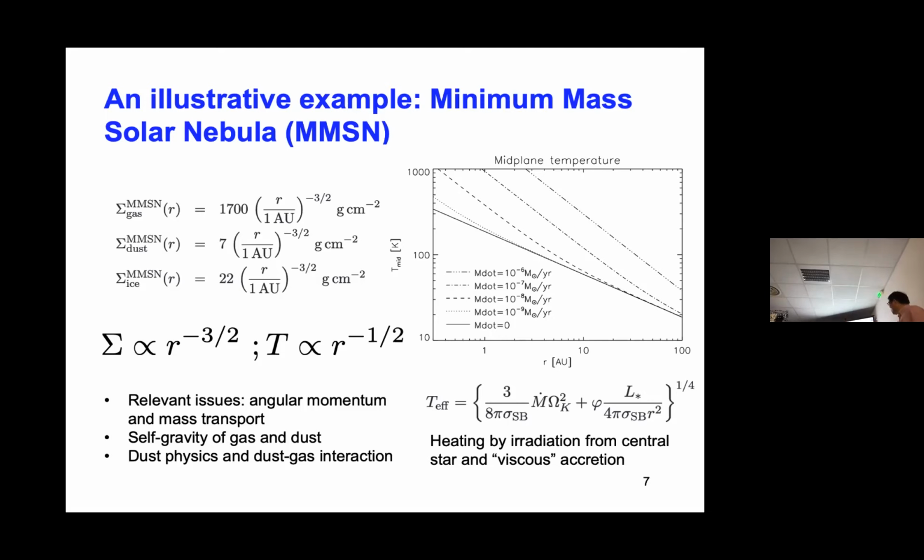And so you put in those numbers. So here I just took the standard solution. The gas is about this amount, and the dust is about 1/200th or 100th of the gas, and the ice is also some form of dust. You can add up those two.